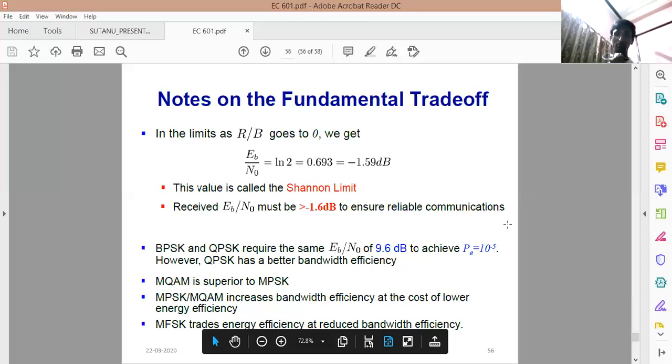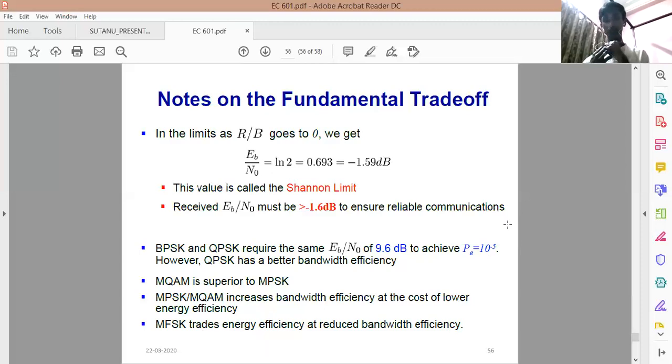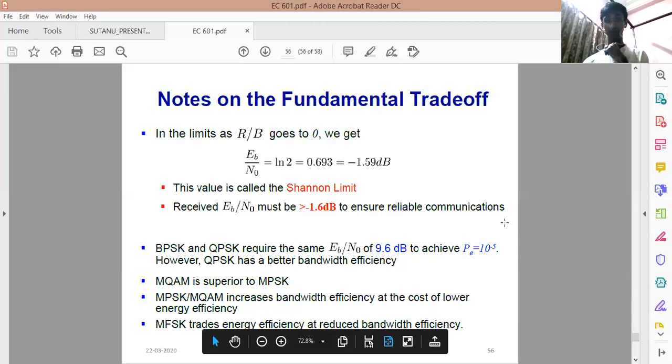MFSK gains energy efficiency at reduced bandwidth efficiency. This is also an important measure. So if you look at this last part, this is absolutely the main comparison measure. Okay, thank you.